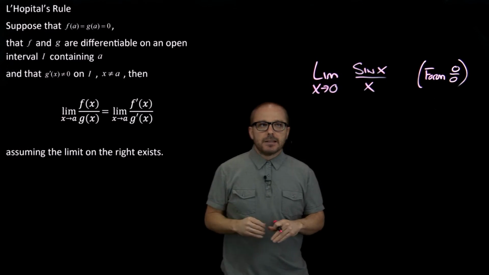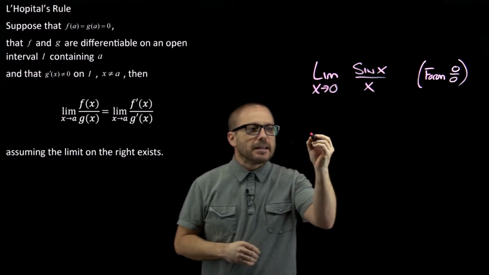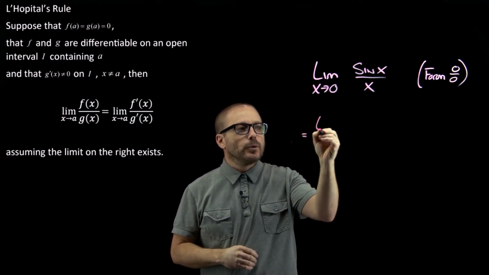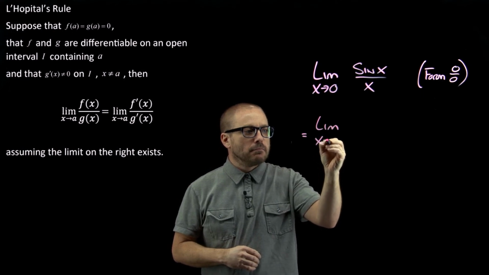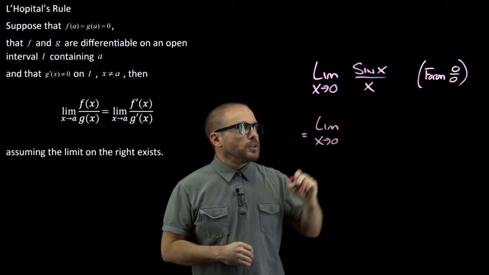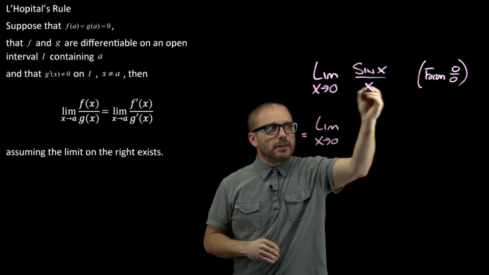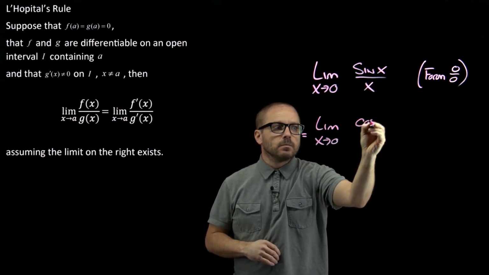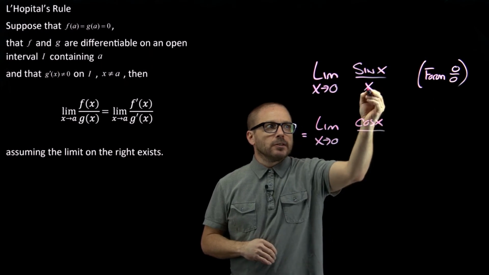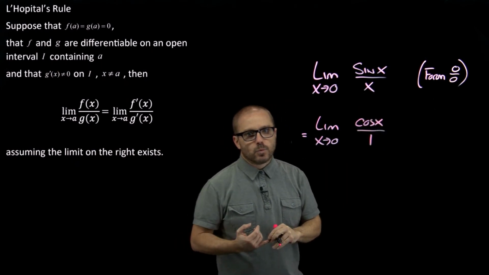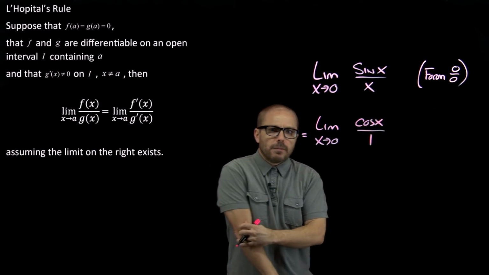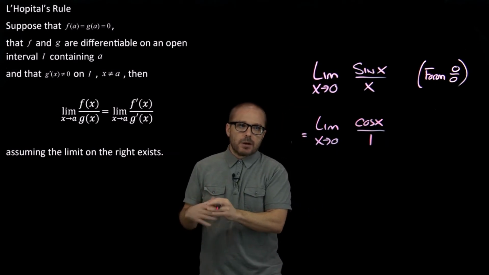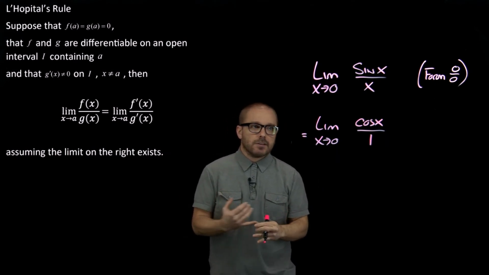So let's apply L'Hopital's rule. So it says that that limit should be equal to this new limit, which is the ratio of their derivatives. So derivative of sine is cosine, derivative of x is 1. Now, we're going to be using a lot of theorems coming up in the future, and I want us to get in the habit of justifying everything we do.